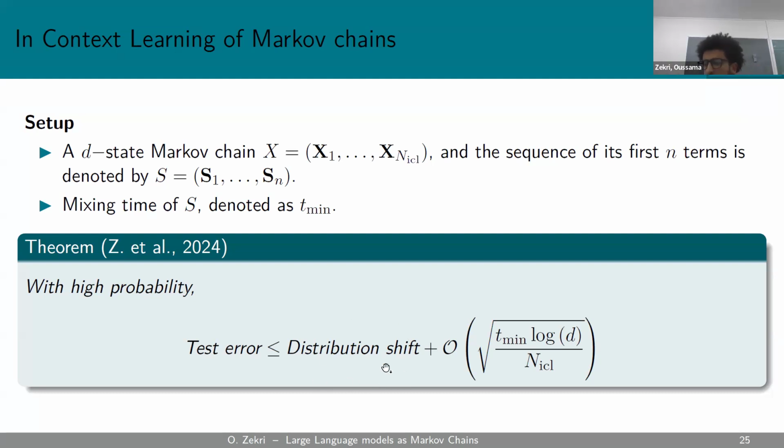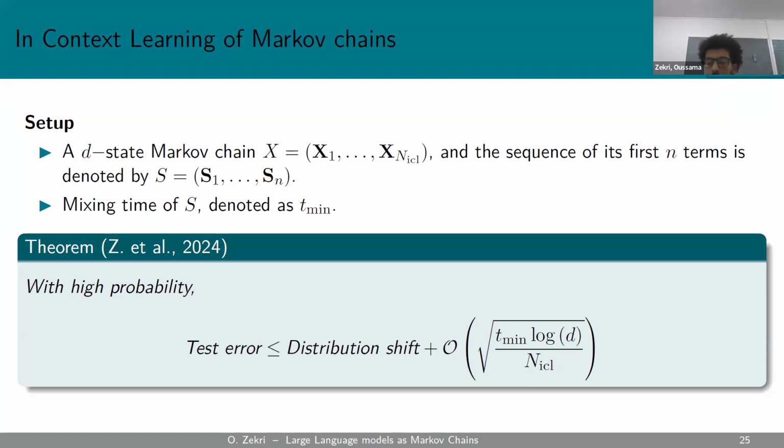But if there is a gap, if it has not been in the training distribution, this term can be non-zero. The other term, more importantly, varies like this: you have the mixing time times the logarithm of the number of states, and this is very important. We will see why later. And as we have seen, a classical square root of n in the denominator.